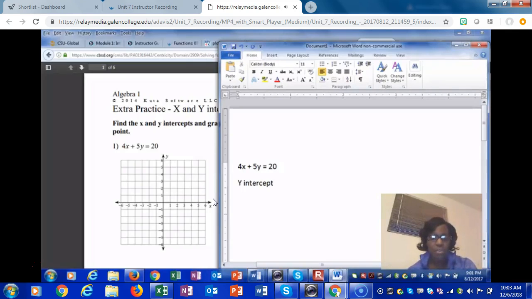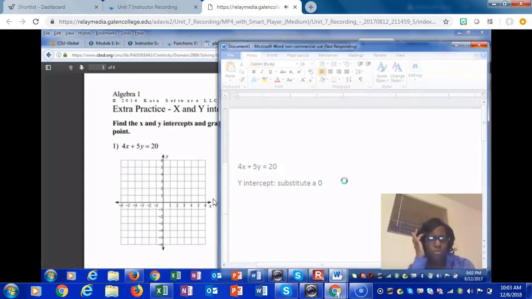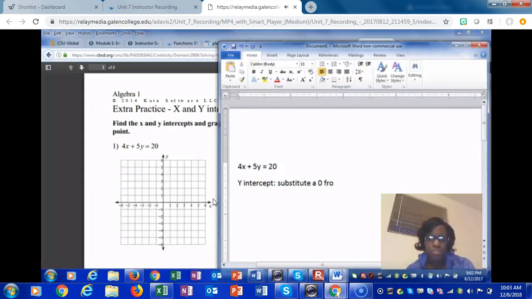In order to find the y-intercept, substitute a 0 for x. Come on mouse, where'd you go? Substitute a 0 for x to get the y-intercept.